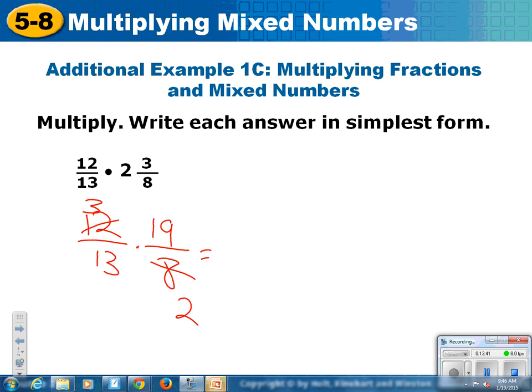Was it 57? What? I said divide by 4. 8 divided by 4 is what? 2.